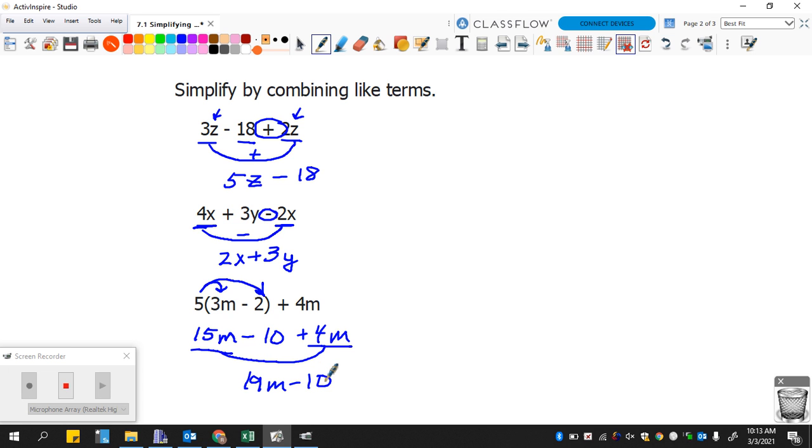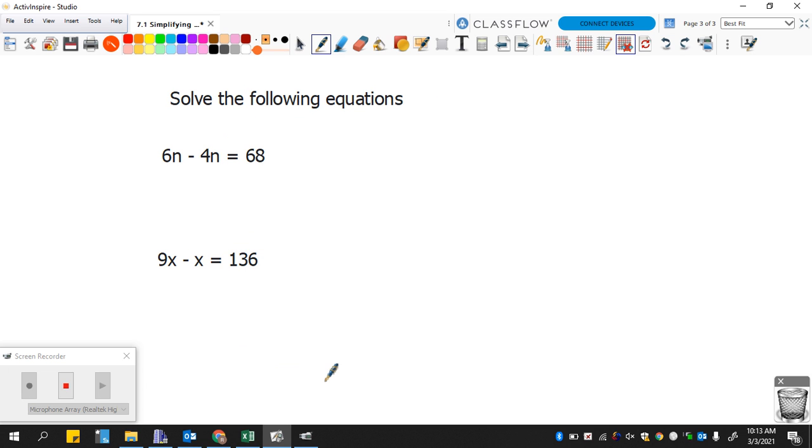All right. Here it says solve the following equations. All right. So we notice here the first step always in solving equations is to combine like terms if we have them. So we have 6n minus 4n, so that's 2n is equal to 68, divided by 2, and we find that n is equal to 34.